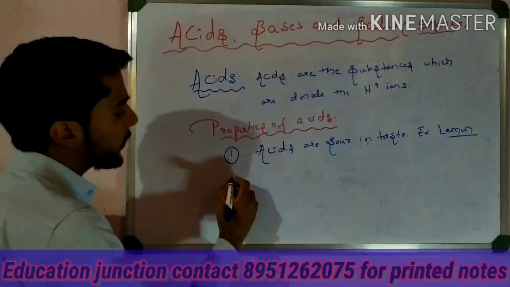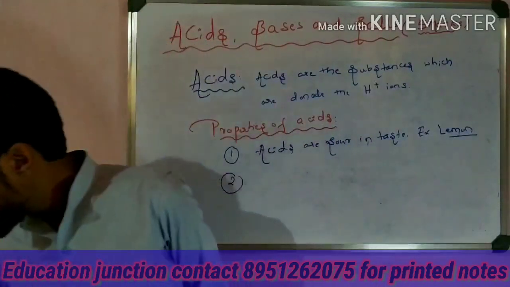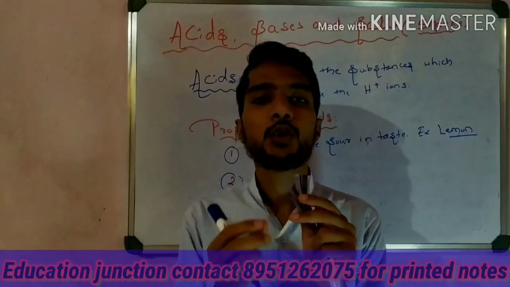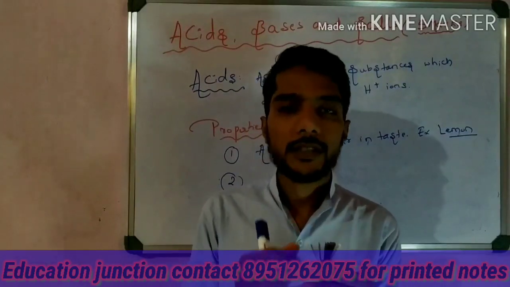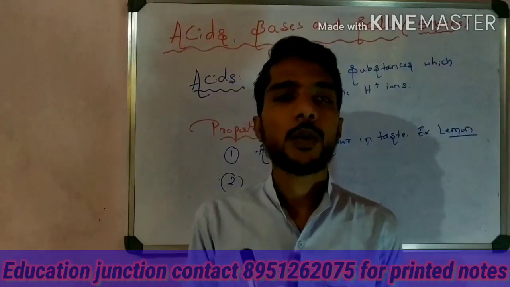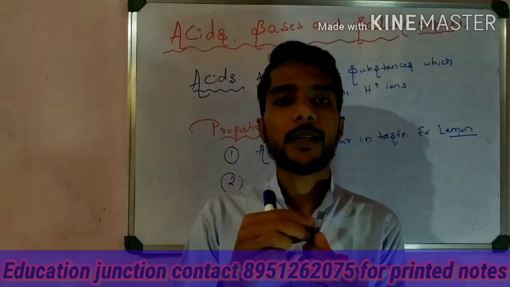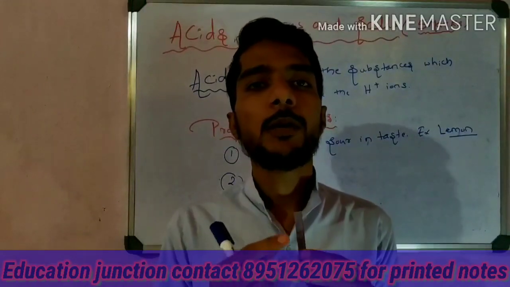Next, second one, we know about the litmus paper. I have a litmus paper. This litmus paper is actually used to identify which is acid and which is base. Later on we will discuss it. This is also one property of acids. When we dip blue litmus paper into acids, we observe that it turns the blue litmus paper to red.